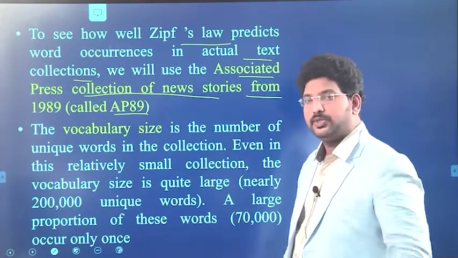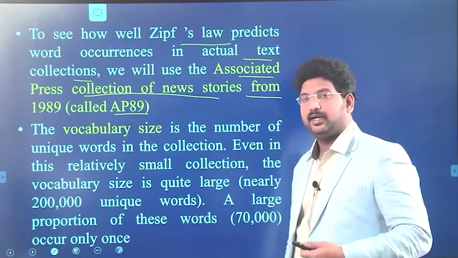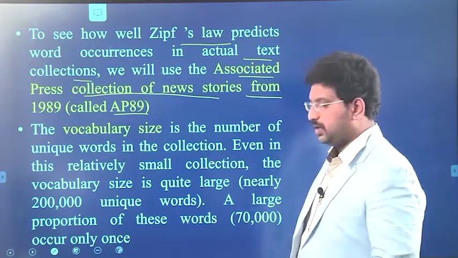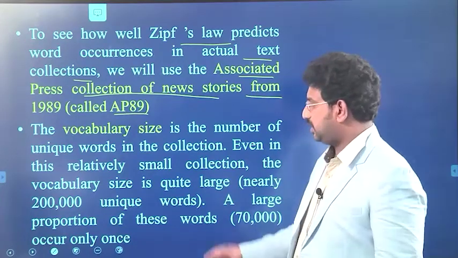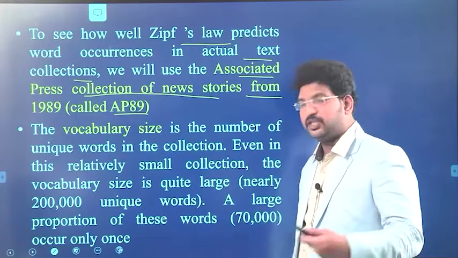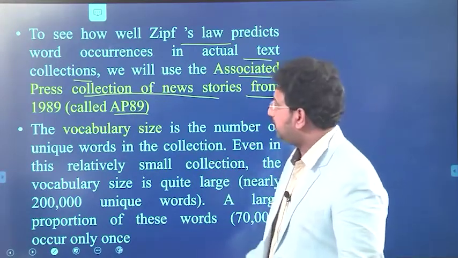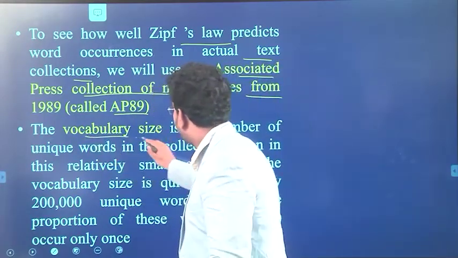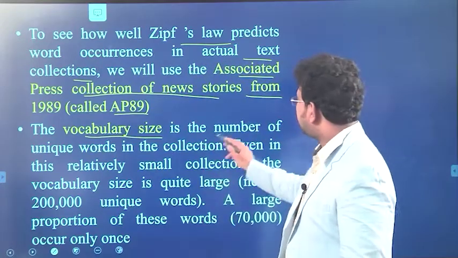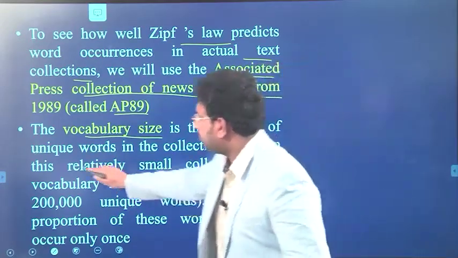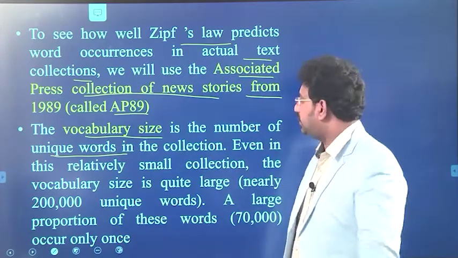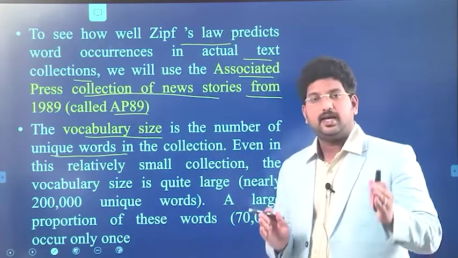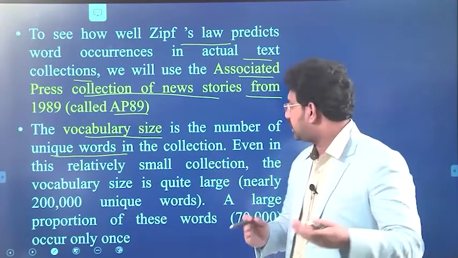Before that, we need clarity about some of the terminology we are going to use as part of Zipf's law and textual documents. One particular term is vocabulary size. Vocabulary size is the number of unique words in the collection.